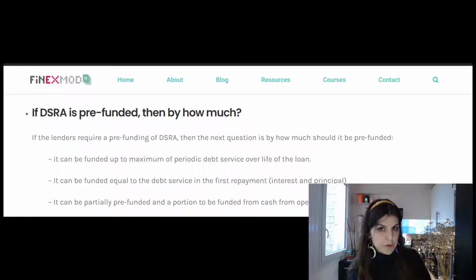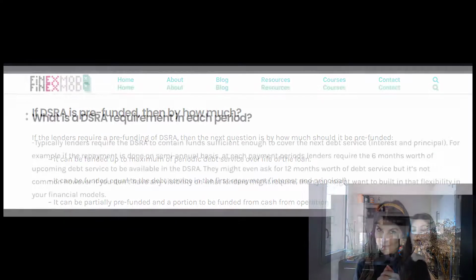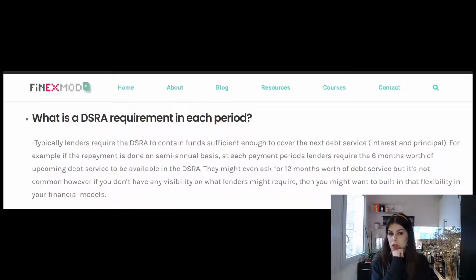In terms of the pre-funding, the lenders might tell you, okay, we are going to pre-fund 2.5 million, and the other 2.5 million you can fund from cash from operations in the first operational period. That's an option that you might want to consider. However, the typical one is to fund it up to 6 months, or 3 months, depending on how you pay your debt service.